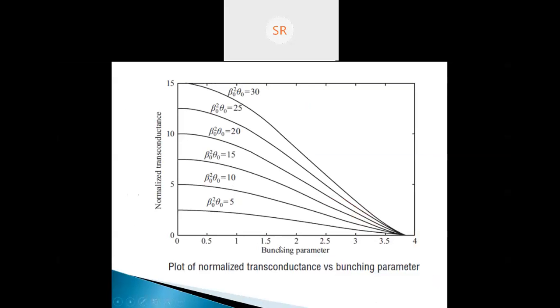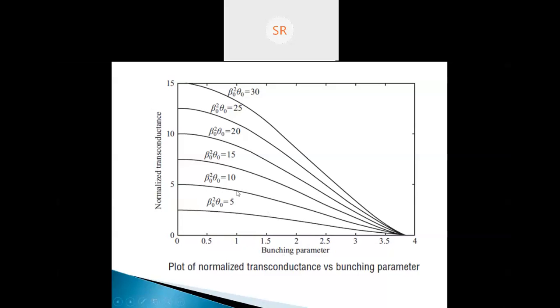Now the bunching parameter and the normalized transconductance. If we consider the transconductance value, that is the beta 0 and theta 0 factor, it depends upon the bunching factor and the transit angle. This way the bunching parameter takes place.